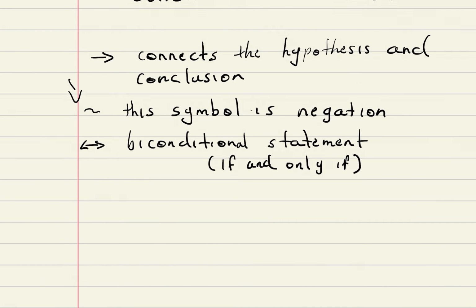So let's start with, for instance, let's say P stands for the hypothesis, and then we have an arrow, and then Q stands for the conclusion.